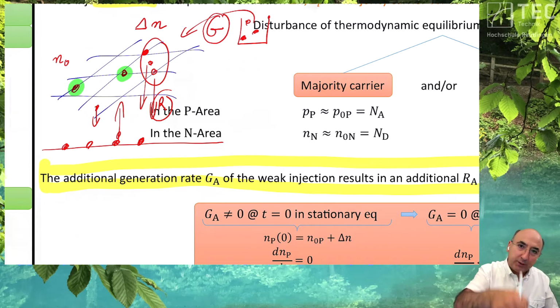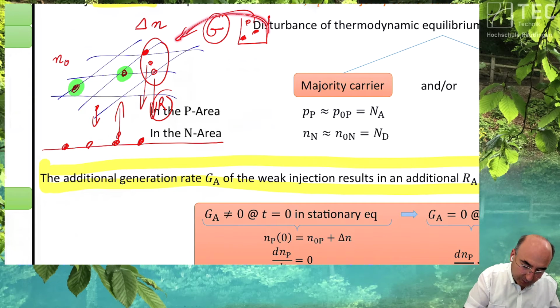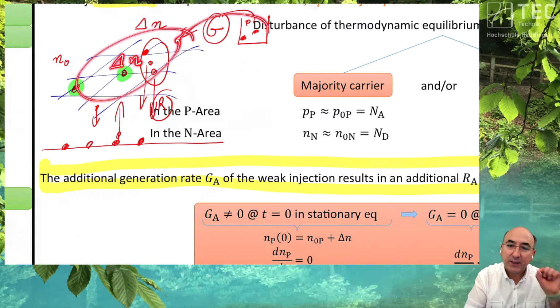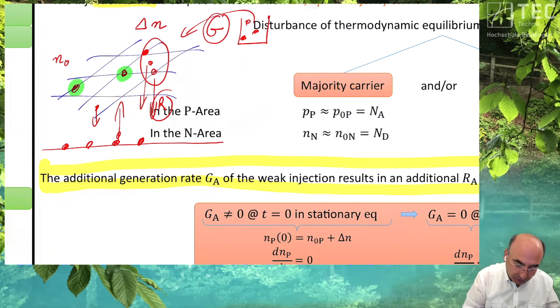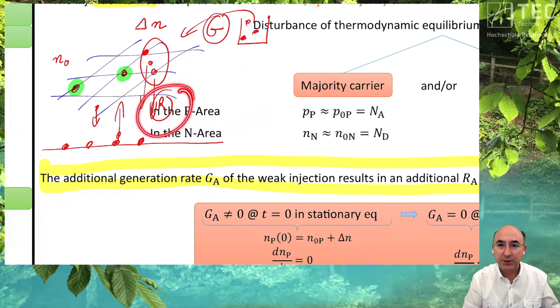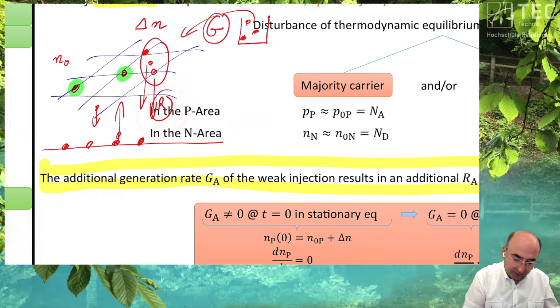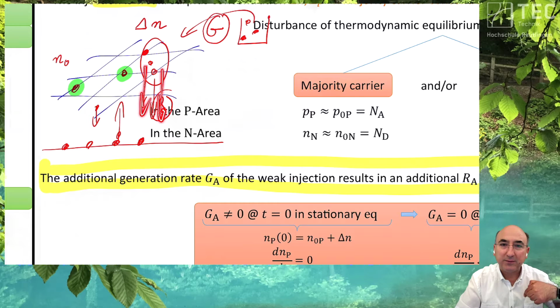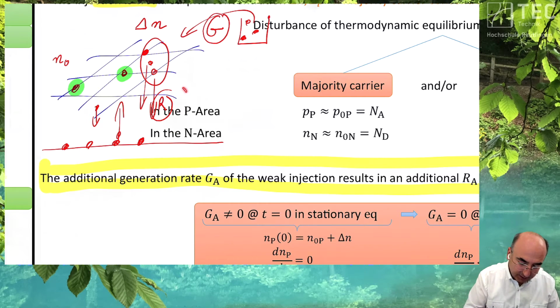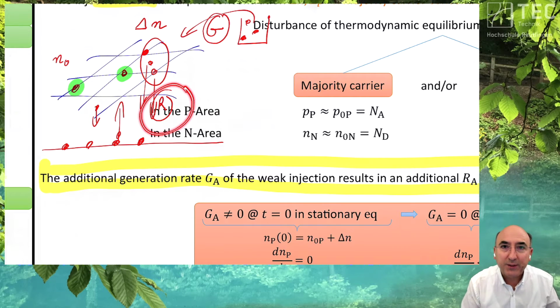This new additional generation does not result in a one-by-one increase in these numbers. No, it does not. It also increases the recombination, because if you have more particles here, you have a higher probability to fall down. And this increased probability means you increase the recombination rate.